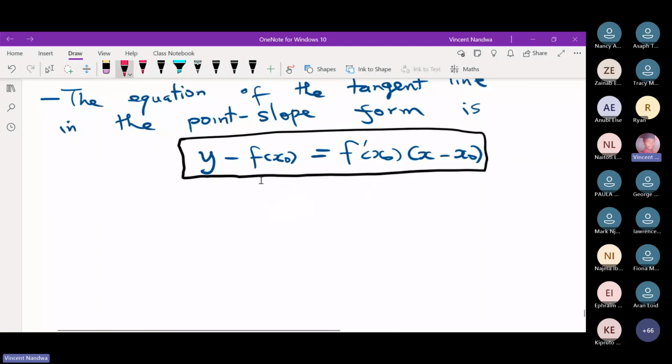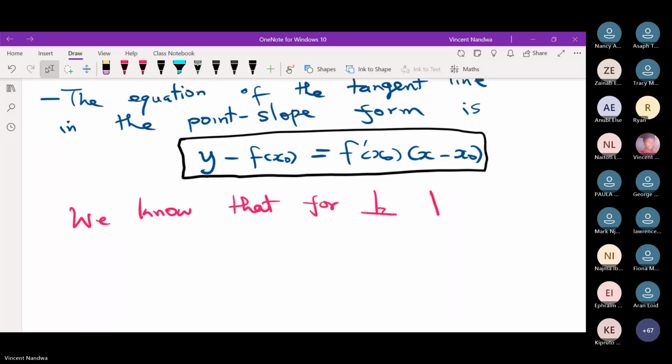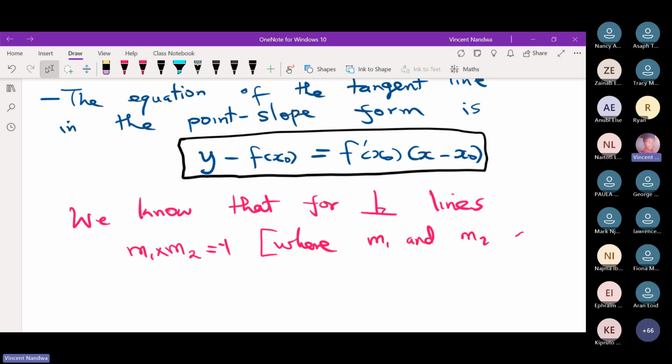Now, we know that for perpendicular lines, the product of the gradients is always -1, where M1 and M2 are the slopes. So if you multiply slopes of two perpendicular lines, you get -1.